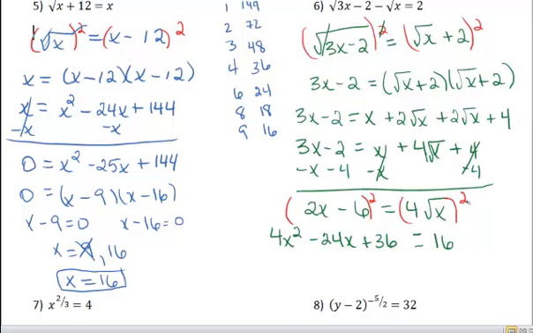And then the square root of x squared is just x. Then you need to subtract 16x from both sides. So you get 4x squared, and then negative 24 and negative 16 is negative 40x. And then that's plus 36 is equal to 0.